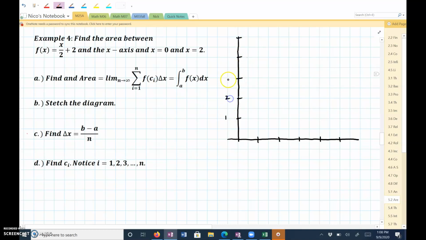So 1, 2, 3, 4, and 5. 1, 2, 3, 4, and 5.